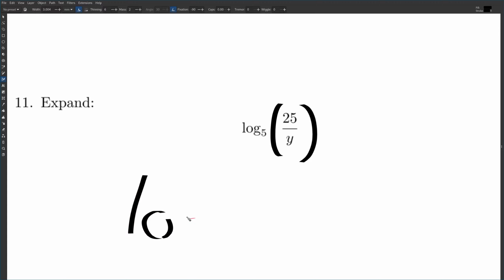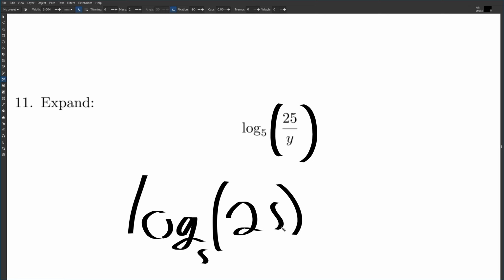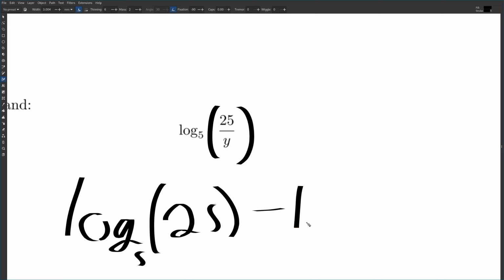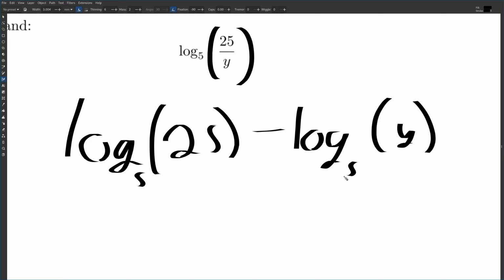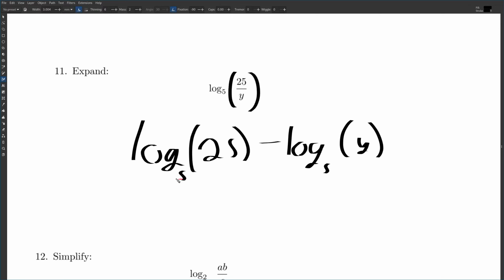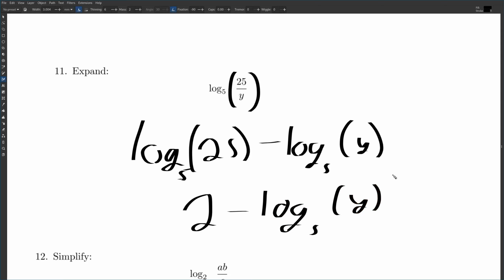So we're going to have log base 5 of 25 minus log base 5 of y. Okay, log base 5 of 25 is just 2, since 5 squared is 25. So we're going to have 2 minus log base 5 of y, and we're done.